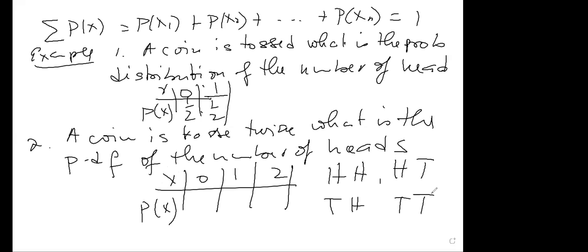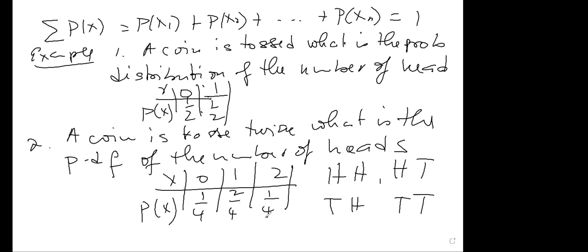What is the probability of having no head? These are the possible outcomes. What is the probability of having no head? 1 over 4. 1 head: 2 over 4. 2 heads: 1 over 4.